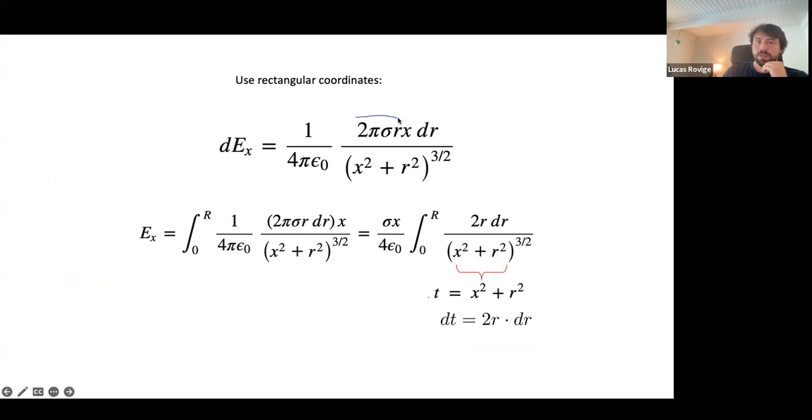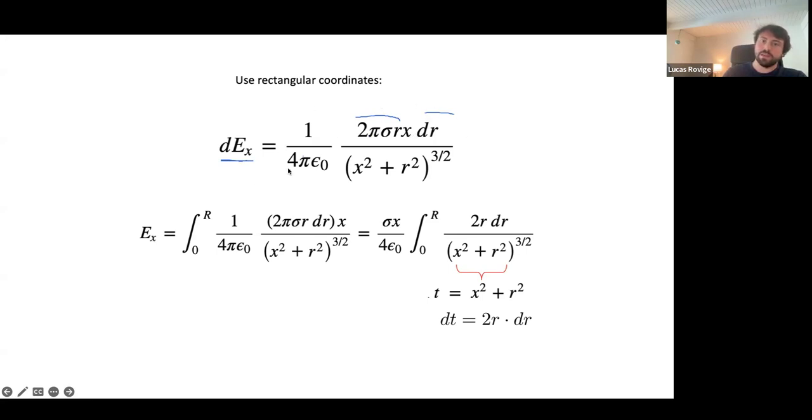The small dq here is the 2 pi r dr multiplied by sigma. So this is the dq, and x is the distance that was already in the expression of the E that we got for the electric field from the ring.